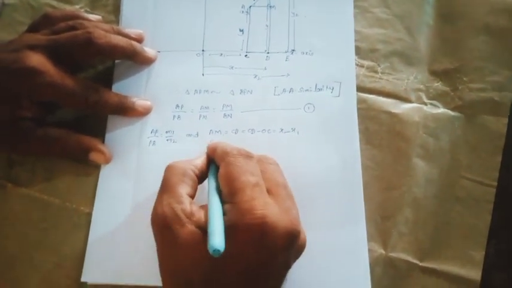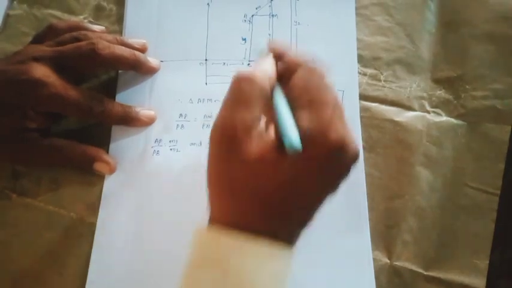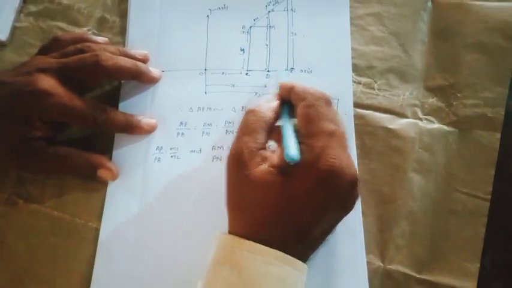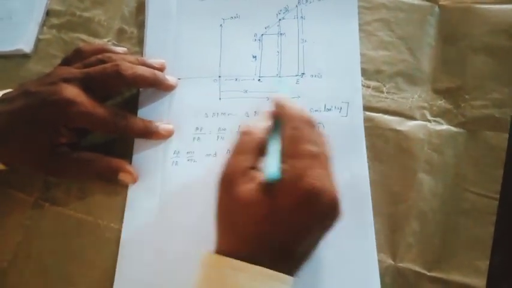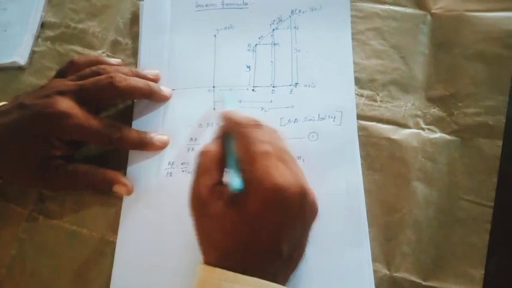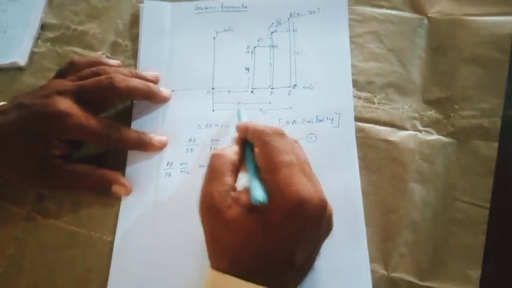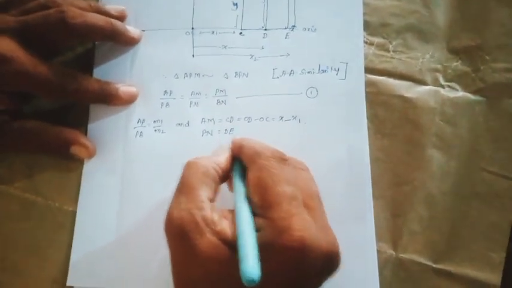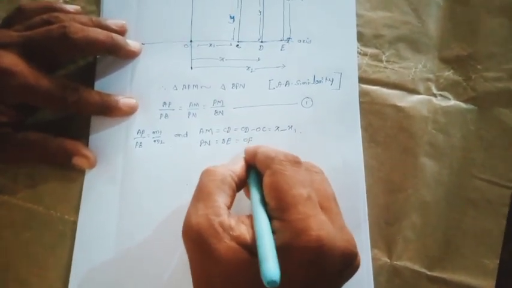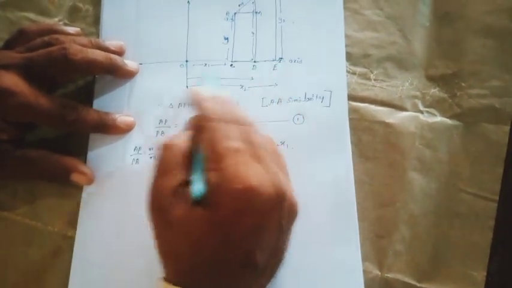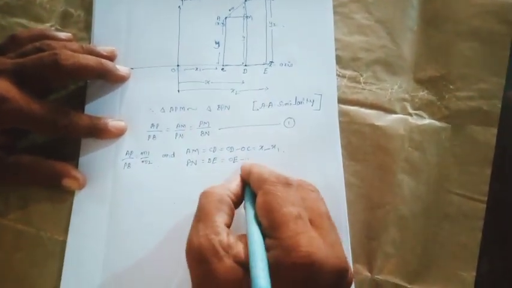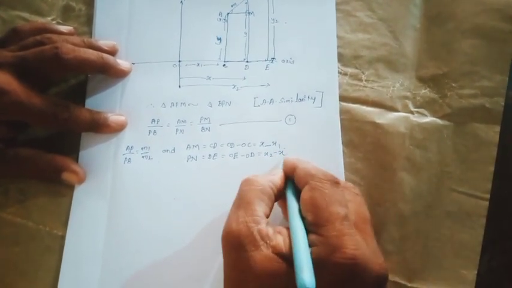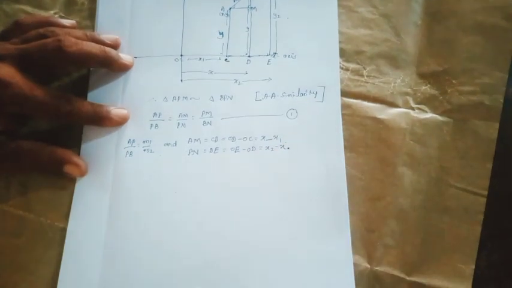Similarly, take PN. PN is equal to DE, which is equal to OE minus OD, that is x2 minus x.